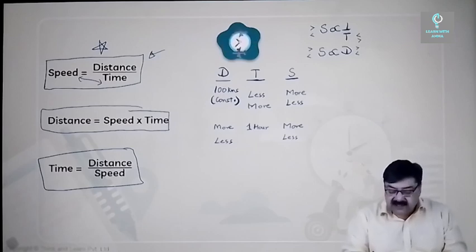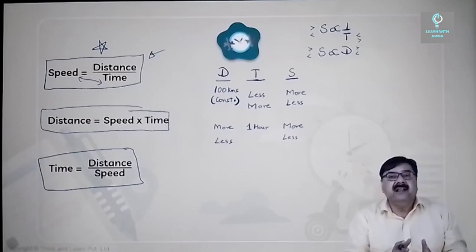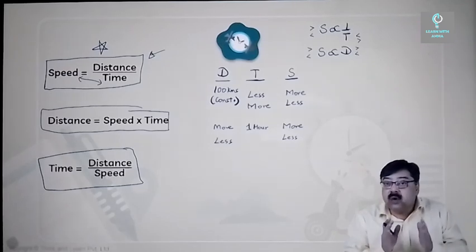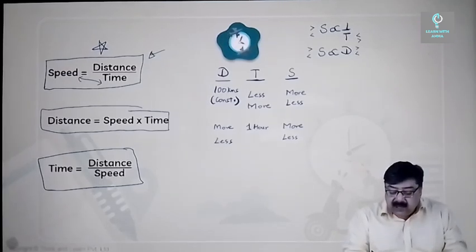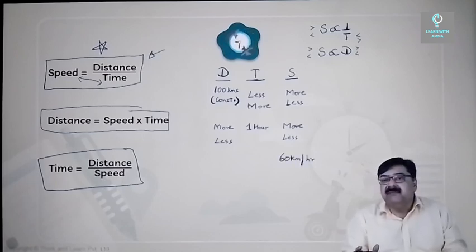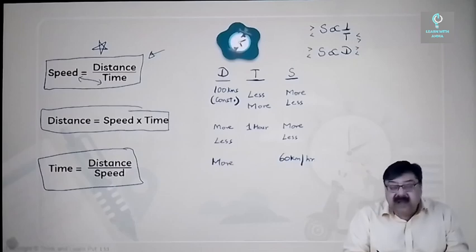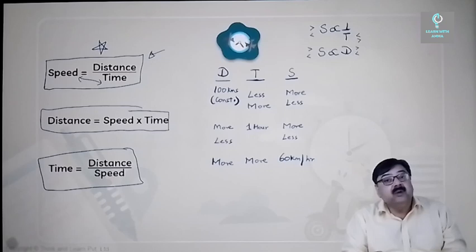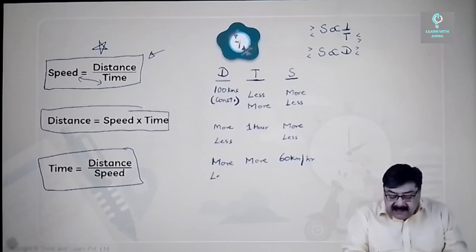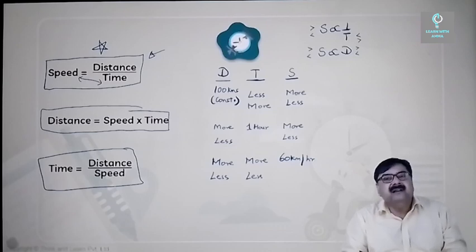Now let's take another case wherein you are driving on a highway and you have to drive at a constant speed. So let us say you are driving at 60 km per hour, neither below this nor above this. Constantly at 60 km per hour you are driving a car. Then more the distance that you have to cover, more the time required to cover that distance, lesser the distance that you need to cover, lesser will be the time required to cover it.